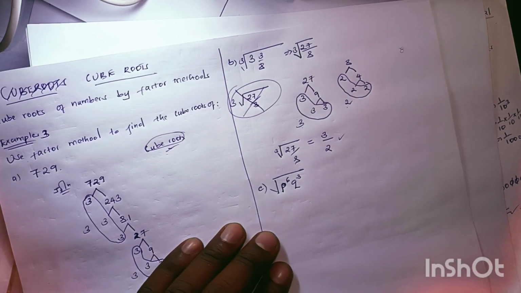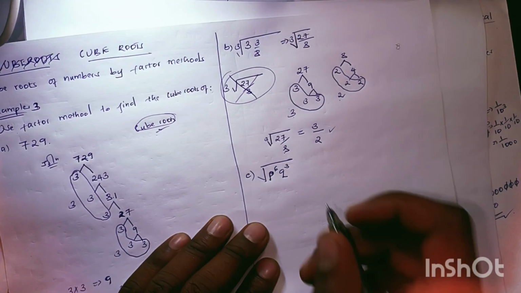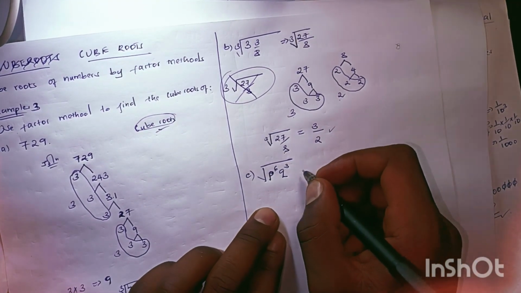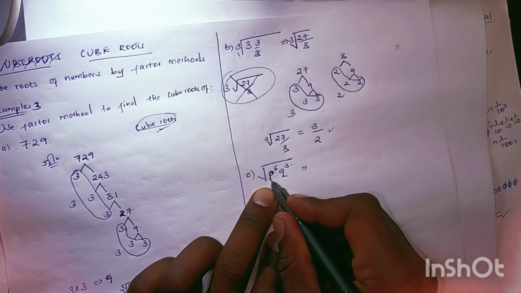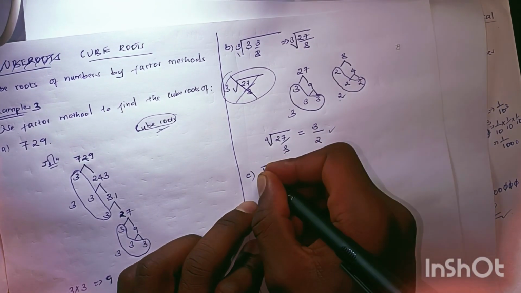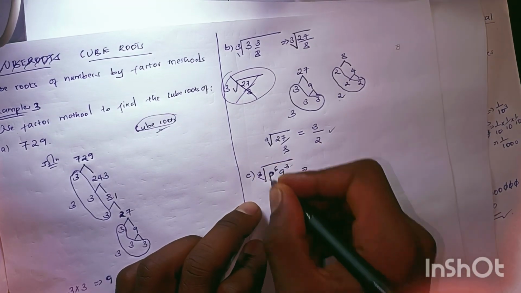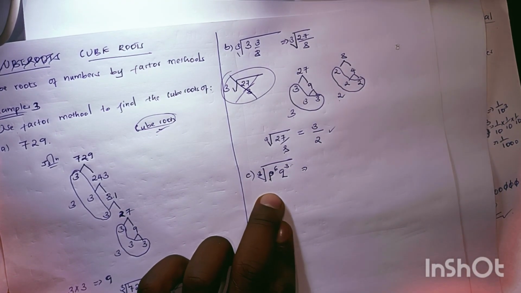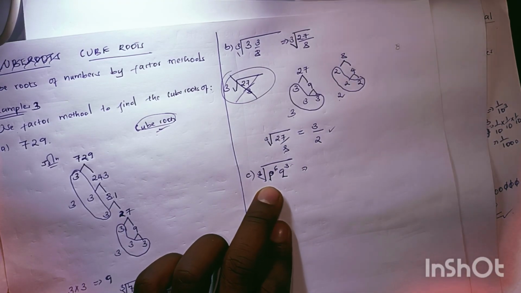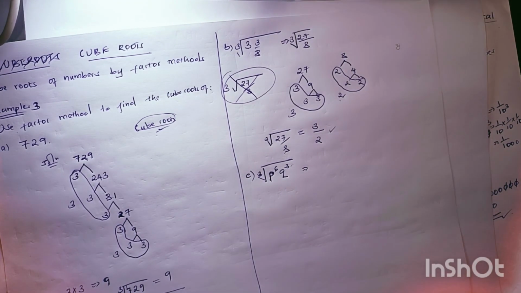Guys, this one is very, very simple. You can imagine how we can do this one. This is how we do it. When they have written, okay, this is a cube root, find the cube root by factor method, this is how it's supposed to be written, as p. Sometimes you can write in a factor form or you can just write in multiplication form.